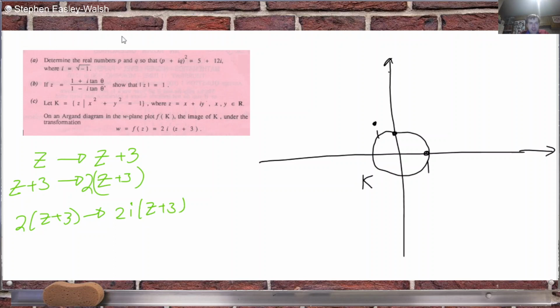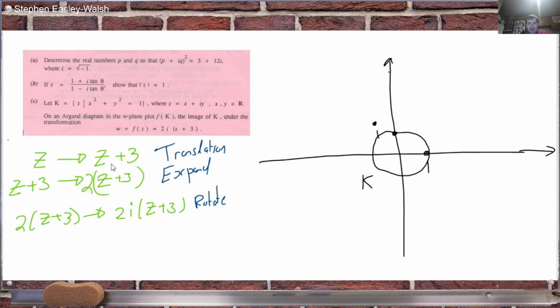So when you add, that's a translation. And then when you multiply by 2, that expands it. And then when you multiply by i, you rotate it 90 degrees anti-clockwise.